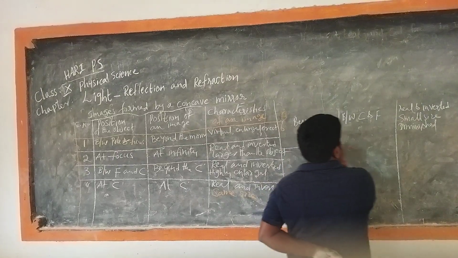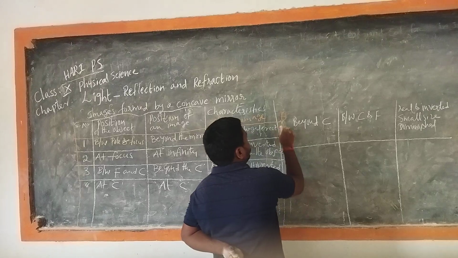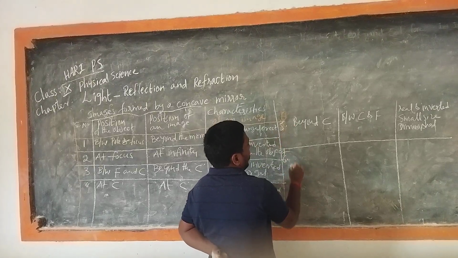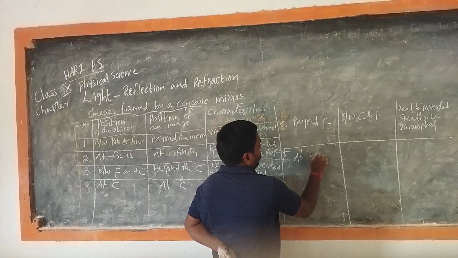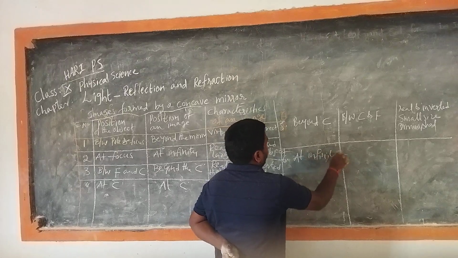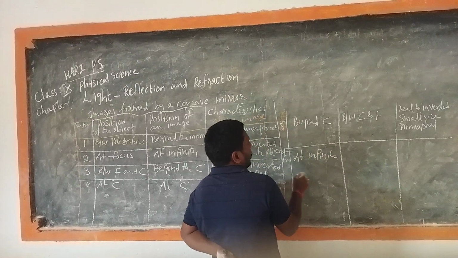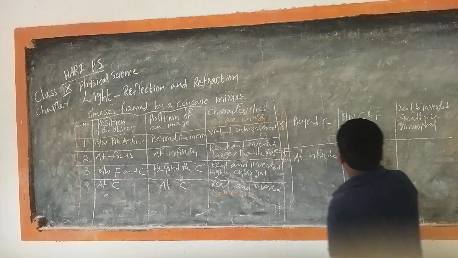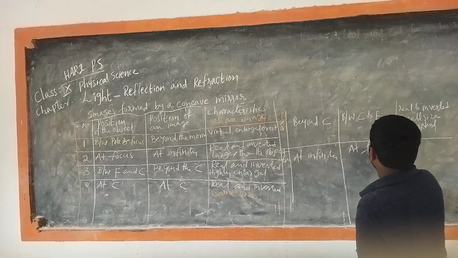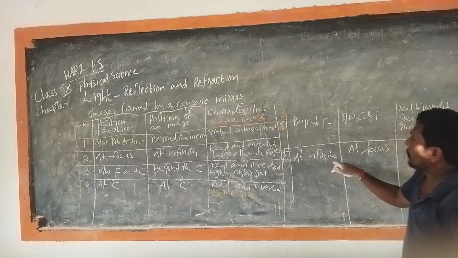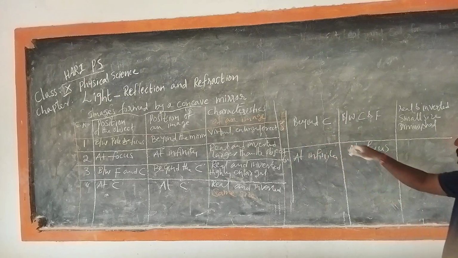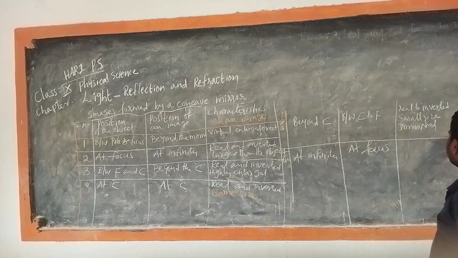Then the next one, the fifth one. The object is at infinity, and the image is formed at focus.